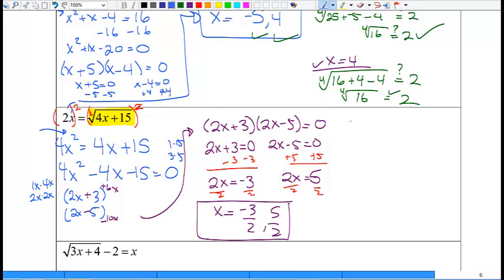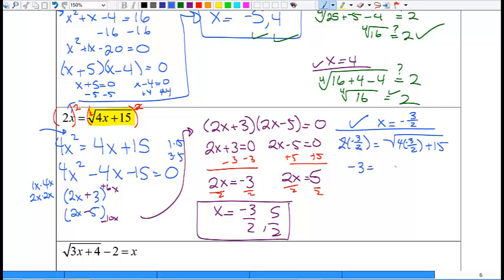So let's do the check over here. Let's check x is equal to -3 halves first. So 2 times -3 halves, and that's the square root of 4 times -3 halves plus 15. Well, on the left-hand side, the 2's divide out.